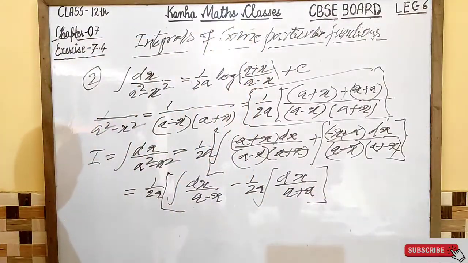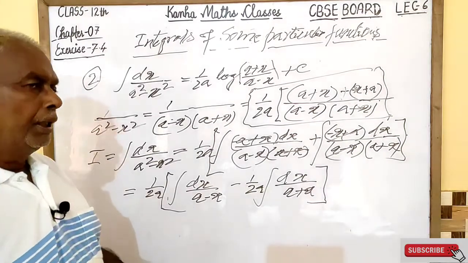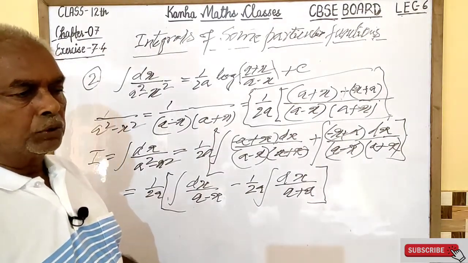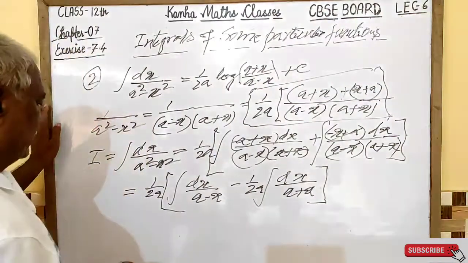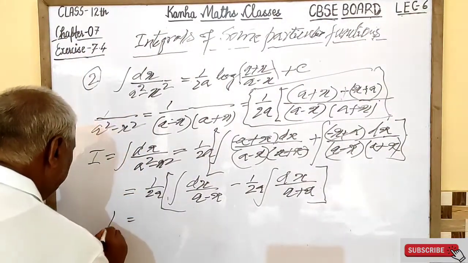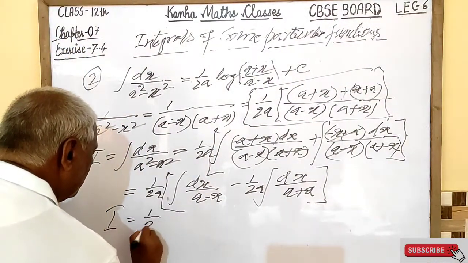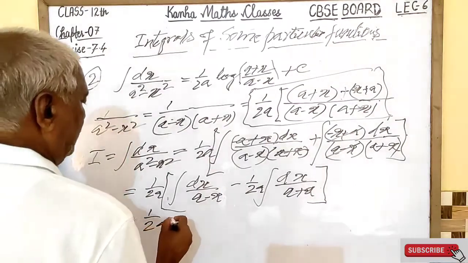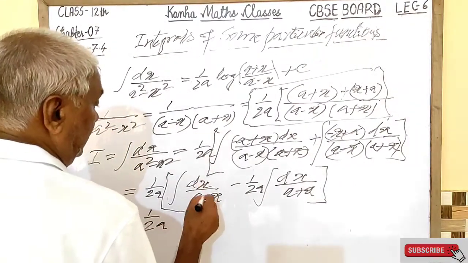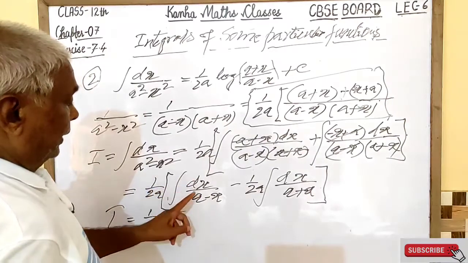Here we also use the standard form of integral, dx upon x will be equal to log x, then it will be 1 upon 2a, this will become log a minus x.